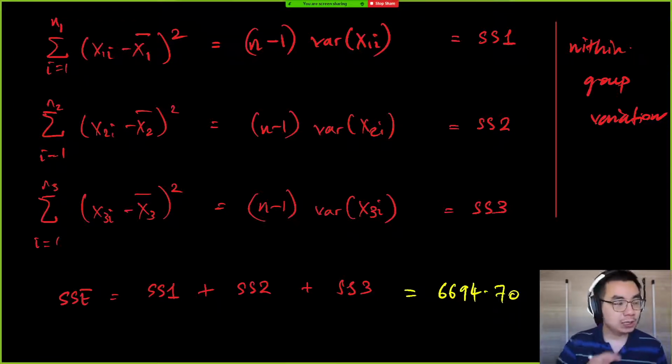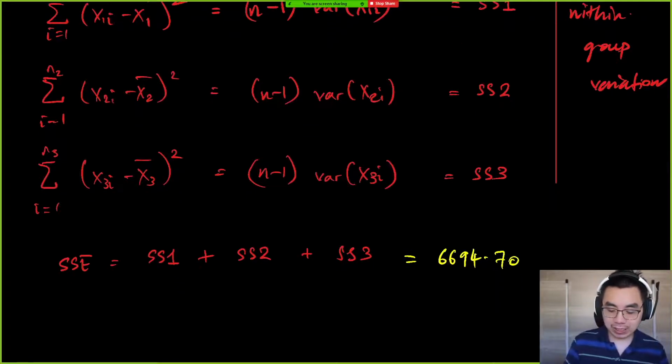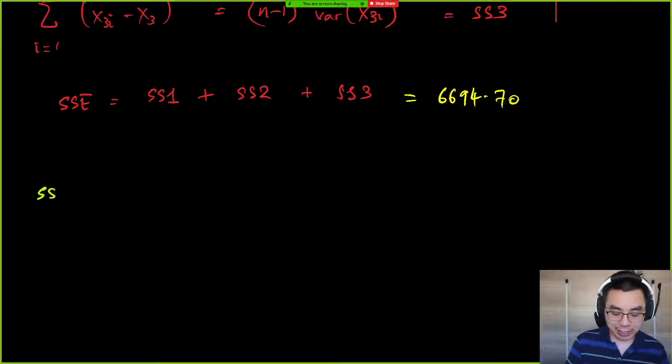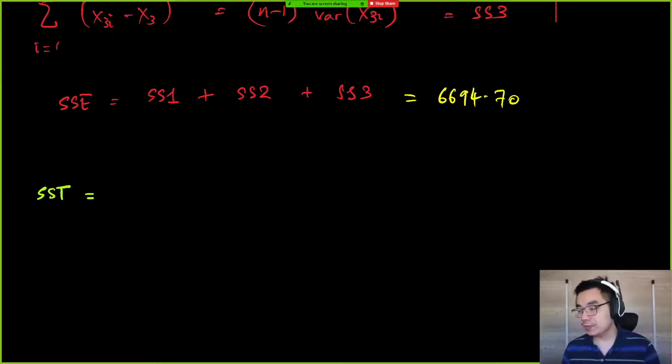Okay. Now the next step is to figure out the between group variation. And in order to figure out the between group variation, we need what's known as SST. Okay. So I'm going to define here x double bar to represent the grand mean, the mean of all the x's.